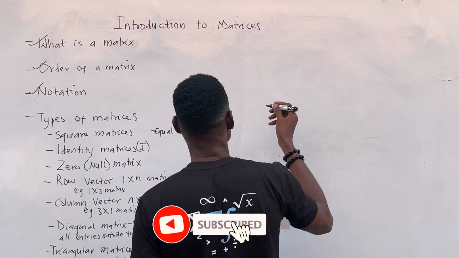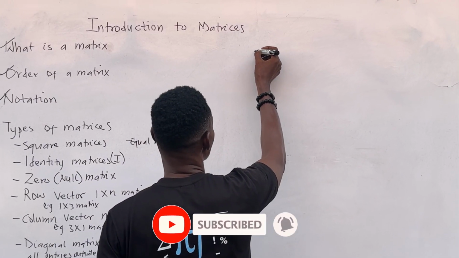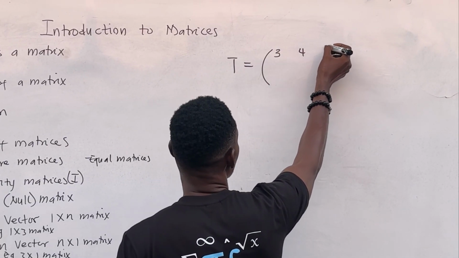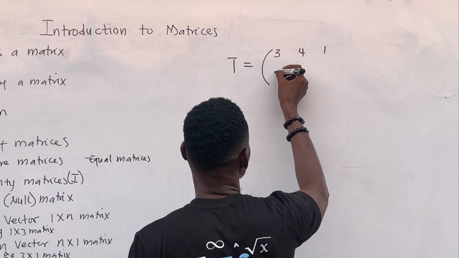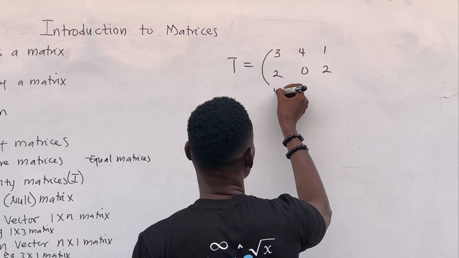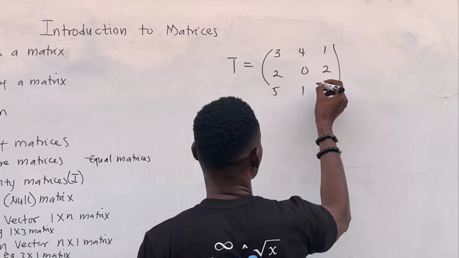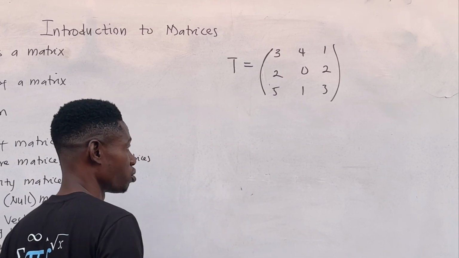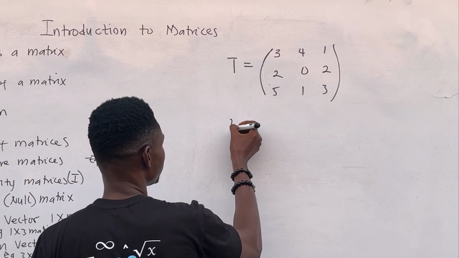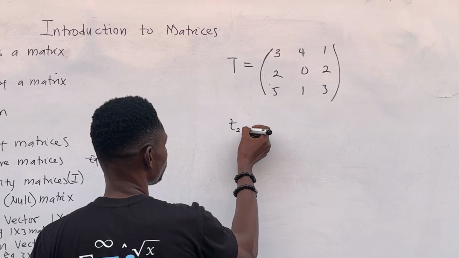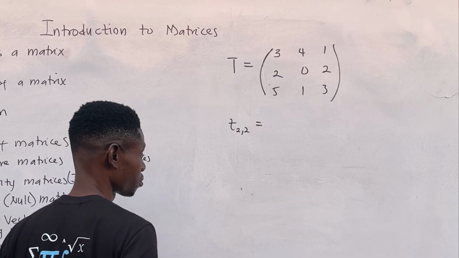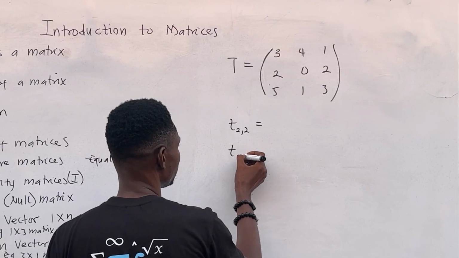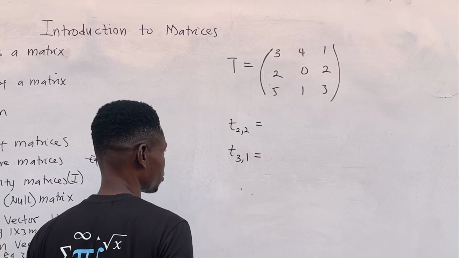Before we move to types of matrices, let's say we have T as 3, 4, 1, 2, 0, 2, 5, 1, 3. Tell me what is T2,2? What is T3,1?